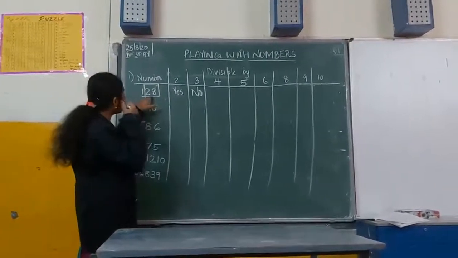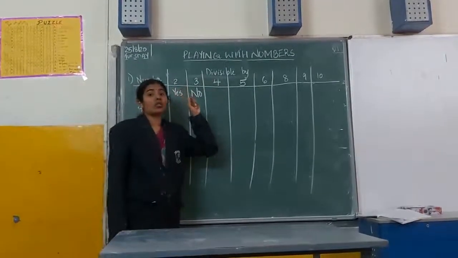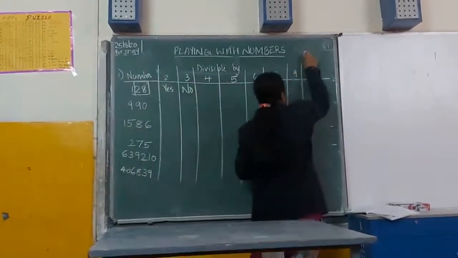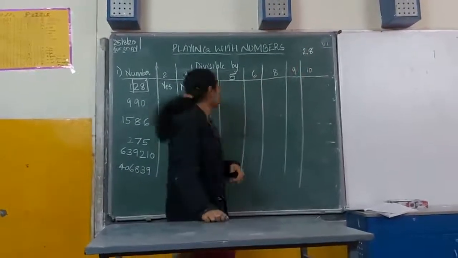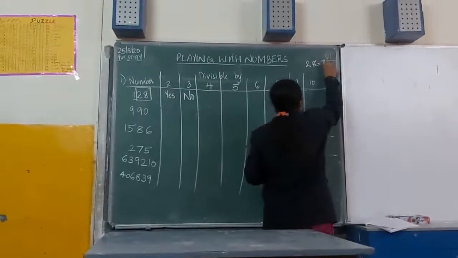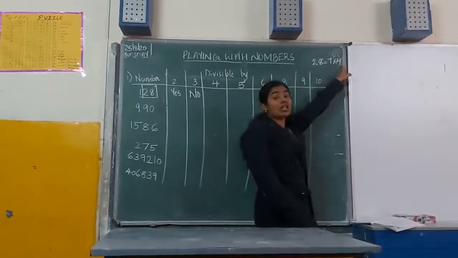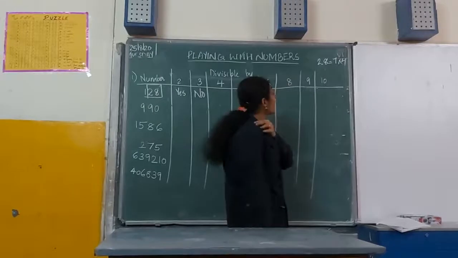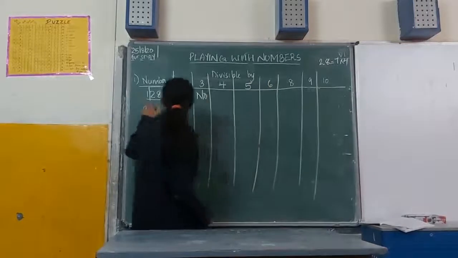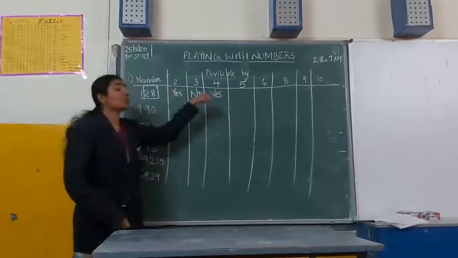And check that the number formed by the last 2 digits is divisible by 4. 28 is a multiple of 4, isn't it? 7 fours are 28. That means we can say 28 is a multiple of 4, or we can say 28 is divisible by 4. So the rule is satisfying here. So we can say yes, this number is divisible by 4.